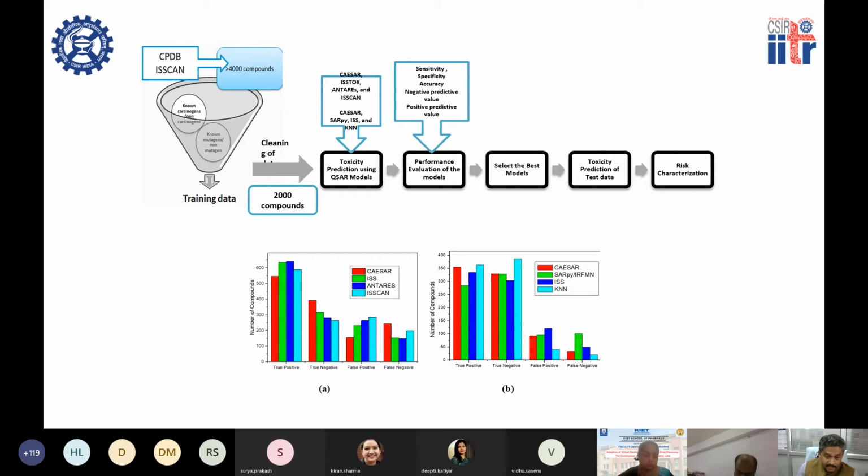Here, as I said, we now have more and more highly sophisticated algorithms for statistical performance. So we can compute sensitivity, specificity, accuracy, negative predictive value, and positive predictive value for the available models. The other day, as I showed you how to build QSAR models, those models are, for example, simple working equations.